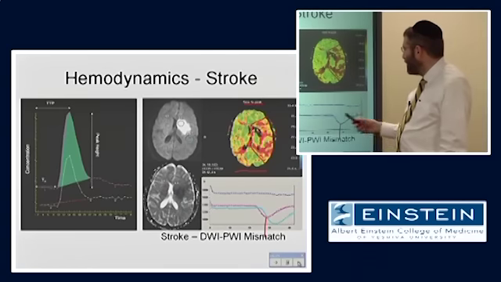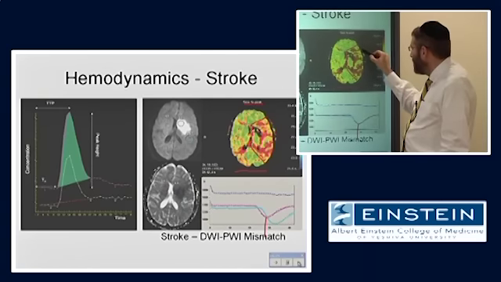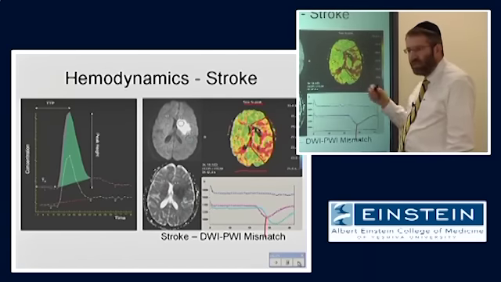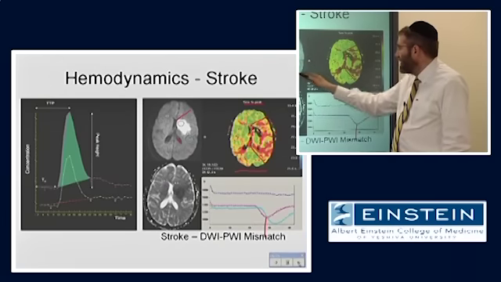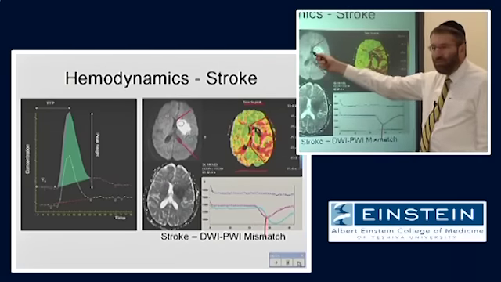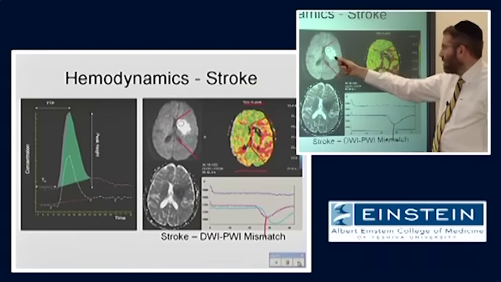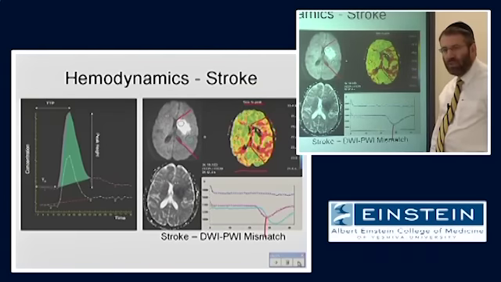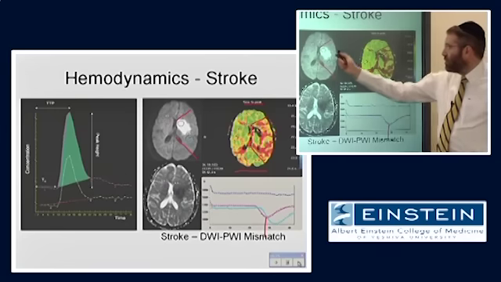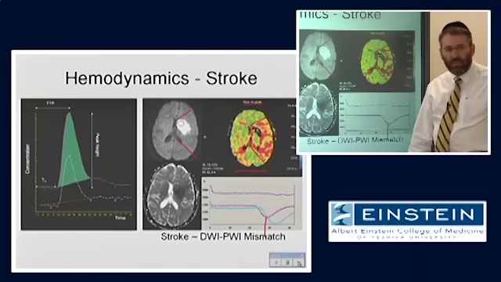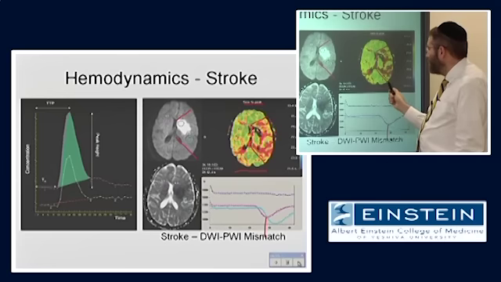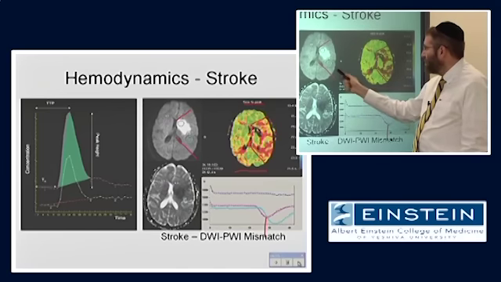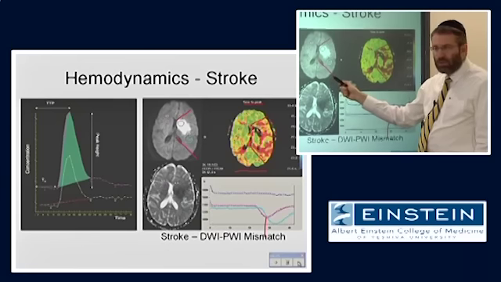Now the clinical point here is that the area that has an abnormally delayed uptake of the contrast is much larger than the area of the diffusion abnormality. So our understanding is that the diffusion abnormality tells us that this is no longer viable tissue. It's completely infarcted. The perfusion information tells us that there is impaired blood flow to these areas.